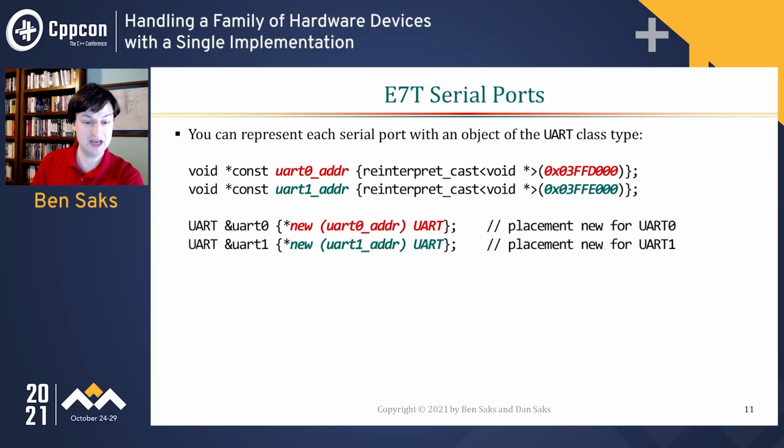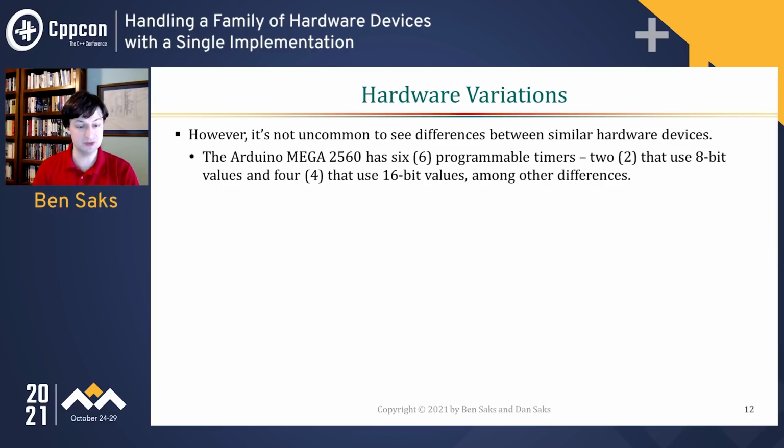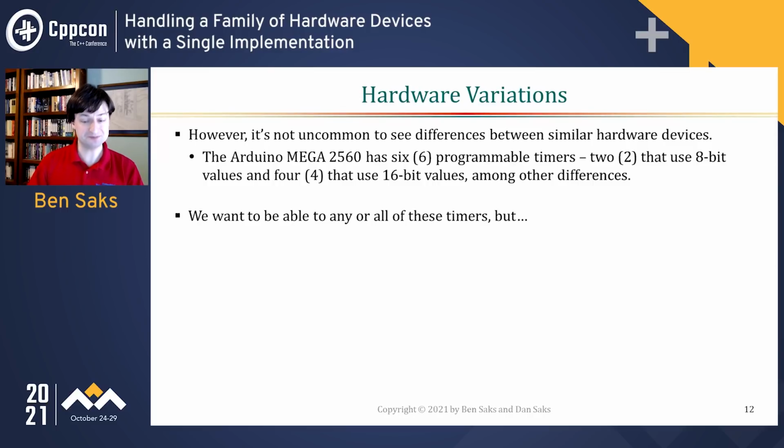And when they're the same, that works great, but they're not always the same. So the example I'm going to be using today comes from the Arduino Mega 2560, which has 6 programmable timers, 2 of which are 8-bit timers, and 4 of which are 16-bit timers. And then there are other differences besides that we'll get into.